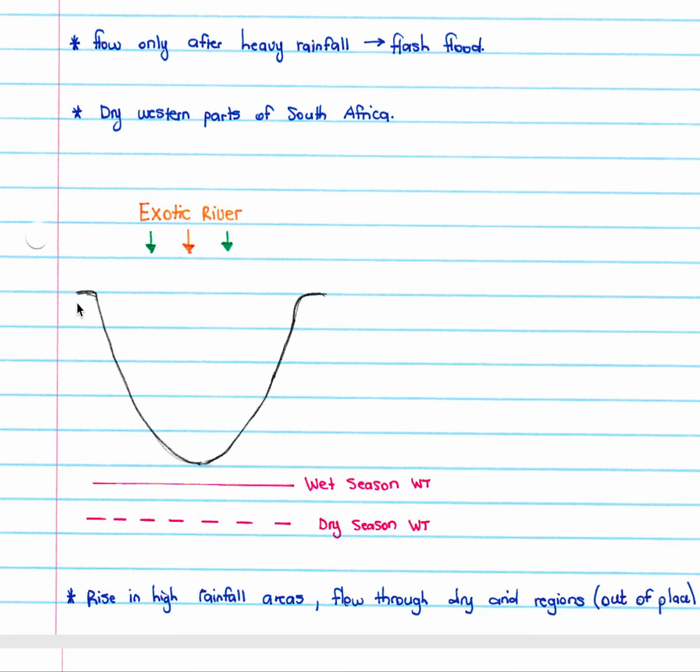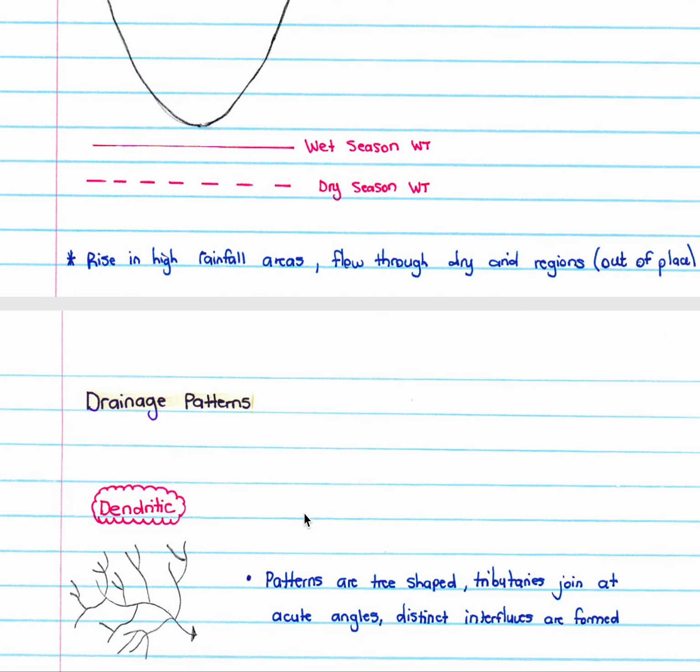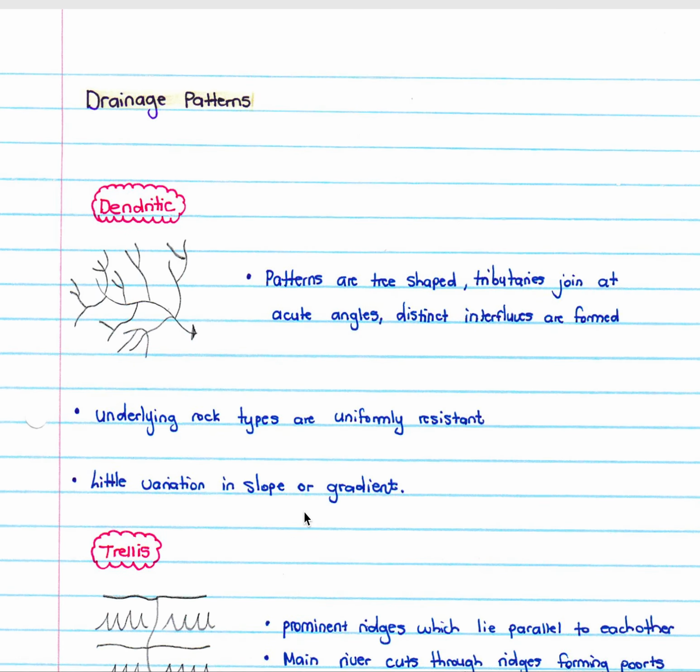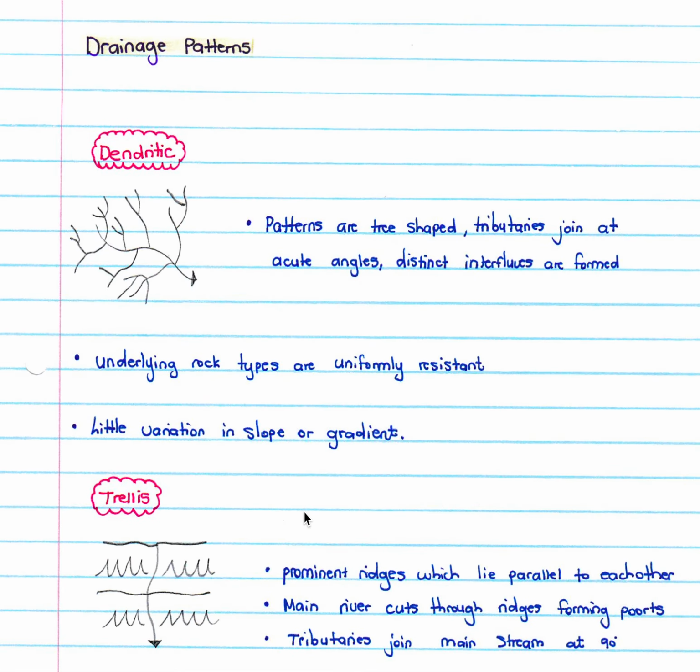Now, when asked in a test or exam to explain an exotic, an episodic, a periodic, or a perennial river, it is very good to draw these diagrams, as you can clearly see the difference between the four types of rivers. Next, we move on to drainage patterns, and these are often asked to be identified.